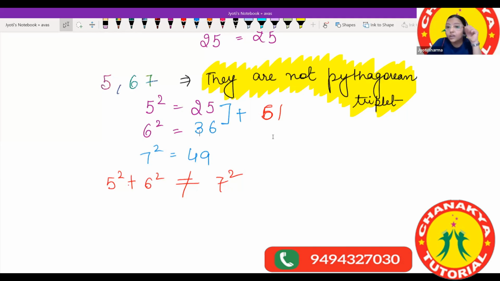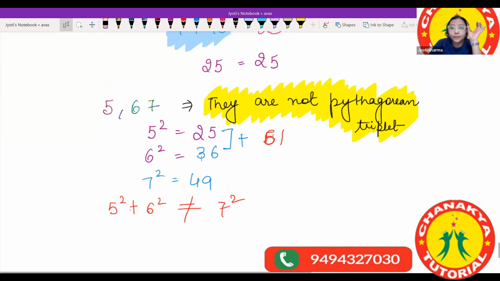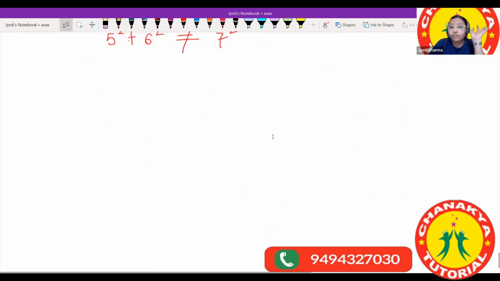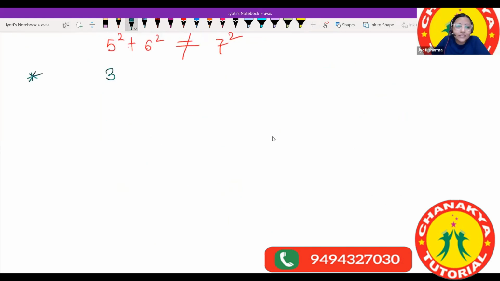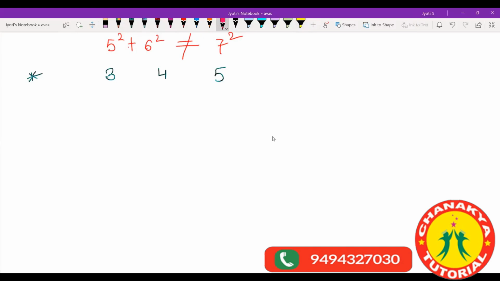If you take a Pythagorean triplet, let's take 3, 4, 5. Now, if you take multiples of these numbers, will they also be a Pythagorean triplet? Yes, ma'am.